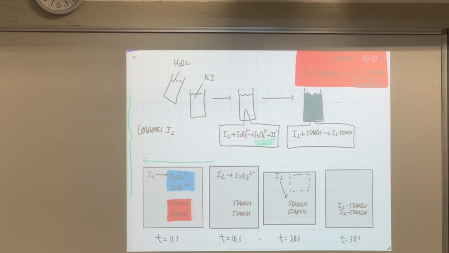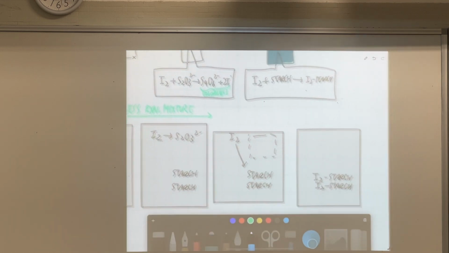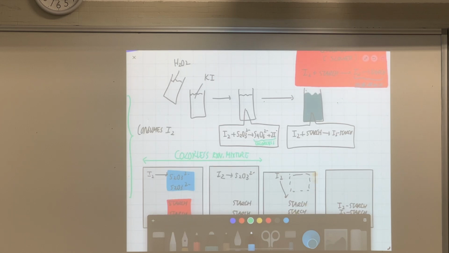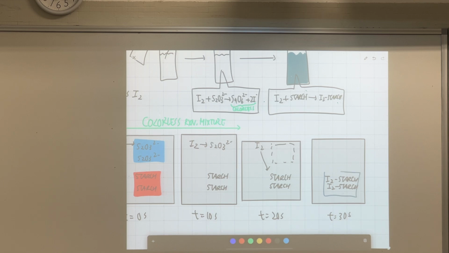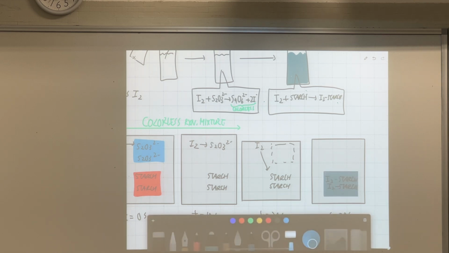The reaction up to this point, as long as the iodine is still reacting with thiosulfate, will still be colorless. So this is a colorless reaction mixture. But then why would the reaction mixture suddenly turn blue-black at this point? That's because the iodine reacted with the starch to form the blue-black iodine-starch complex.